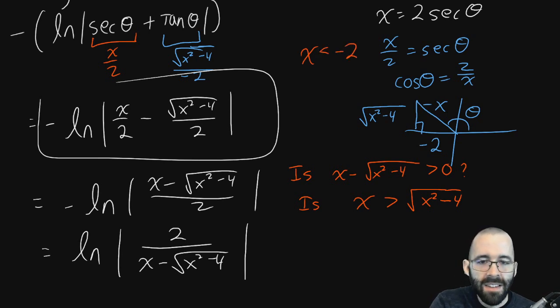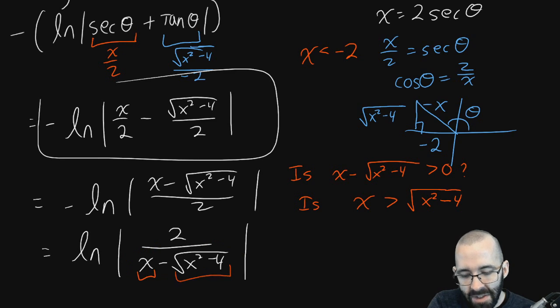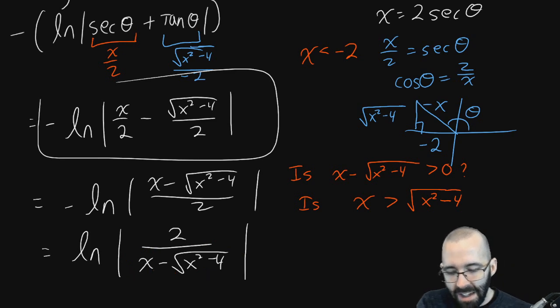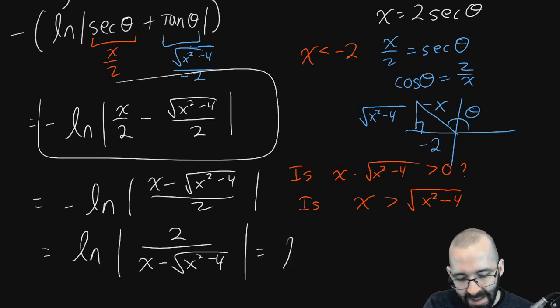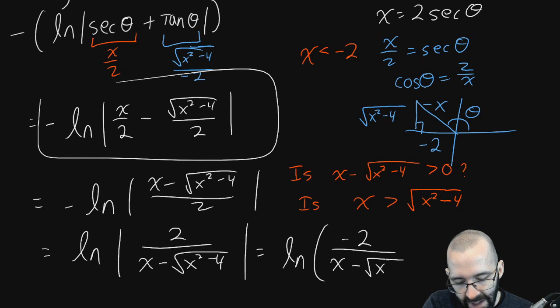Oh, well. Of course, the inside's not positive then. In fact, we know this is always negative. Something negative minus something positive is always going to be negative. So we can actually simplify this even better, by writing it as -2 over x minus square root of x squared minus 4, like so.